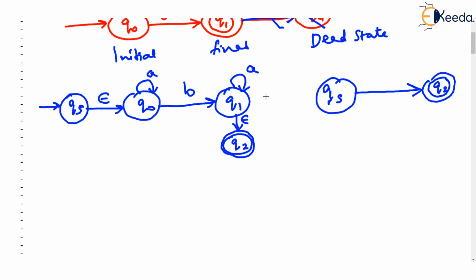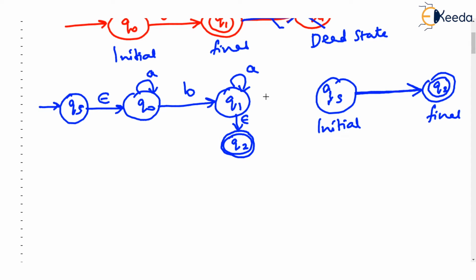This is the initial state in the pre-processed FA, and this is the final state. We will keep only one path, and the intermediate states Q0 and Q1 will be eliminated. This elimination can be done in any order. It's not that you must eliminate Q0 first, then Q1. If you want, you can eliminate Q1 first and then Q0. States can be eliminated in any order.